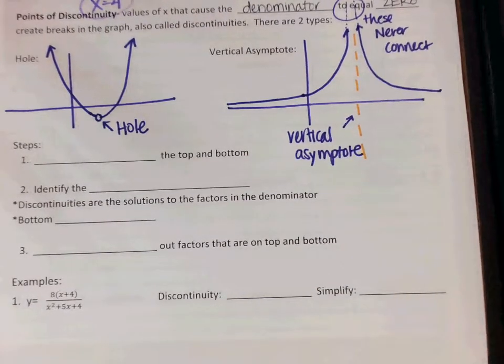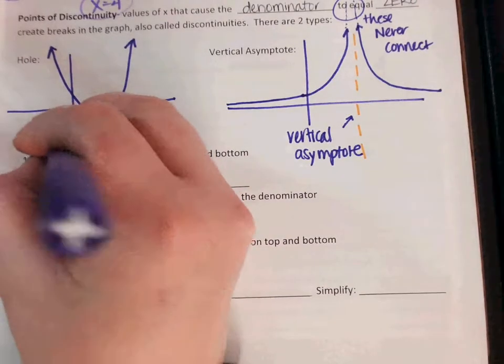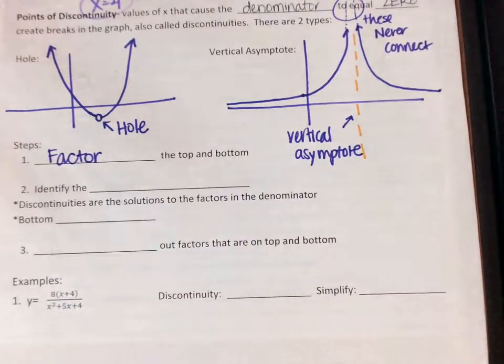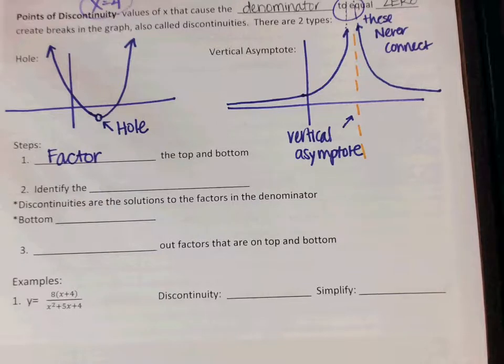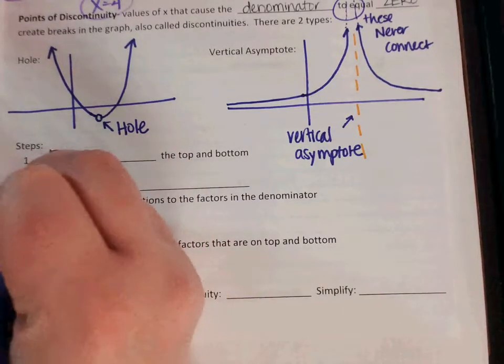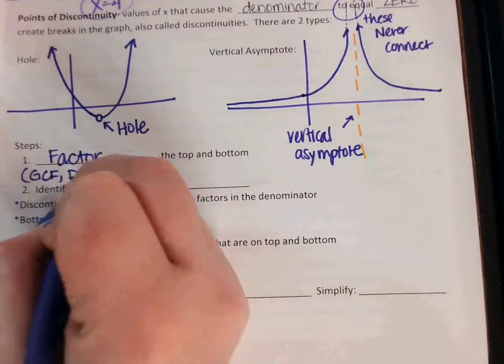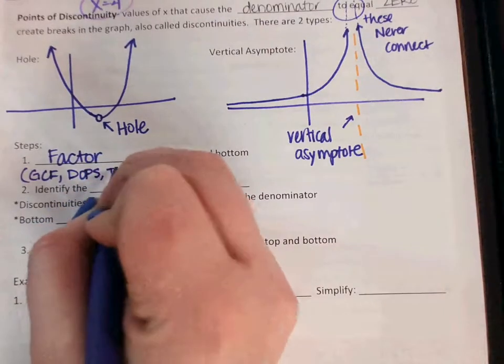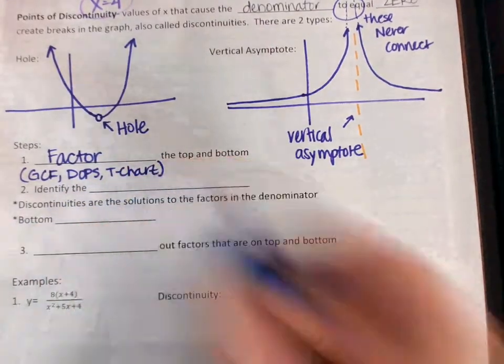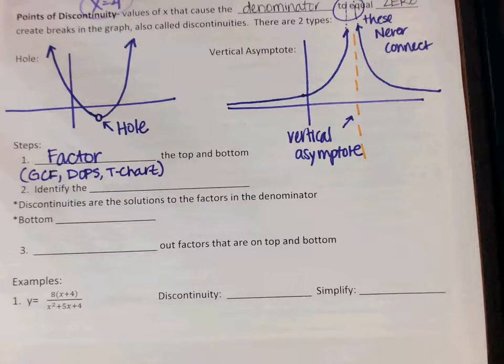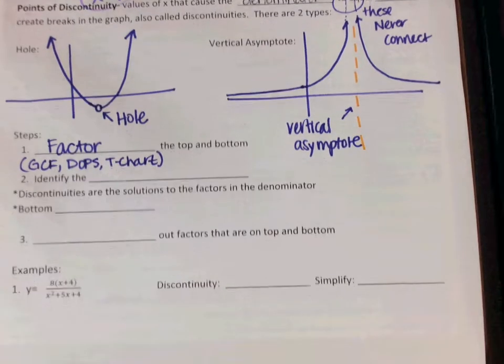The first thing that you're going to do is you're going to factor the top and the bottom. Those are the three things we just practiced. There are three types: GCF, difference of perfect squares, and T-chart. Okay, those are all three ways to factor, which we've already covered.